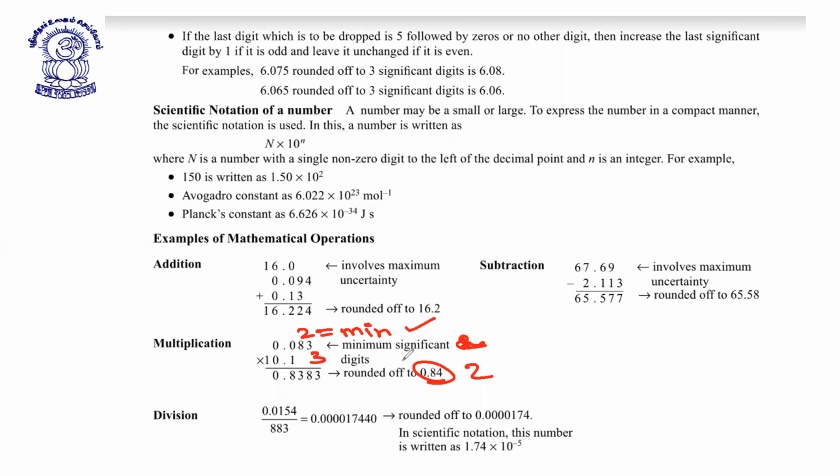In the multiplication, we have seen 10.1 has 3 significant figures and 0.083 has 2 significant figures. Since it has only 2 significant figures, it should be rounded off to a maximum of 2 digits only. So that's why 0.8383 can be rounded off to 0.84. So the number of significant figures should be not more than the least number. So that is the second point.